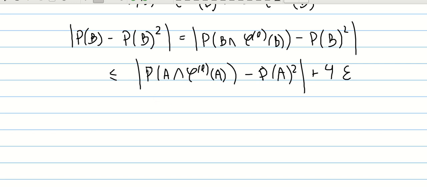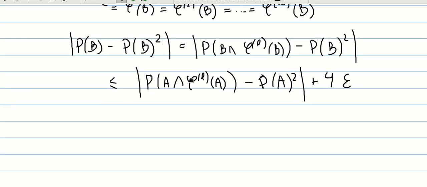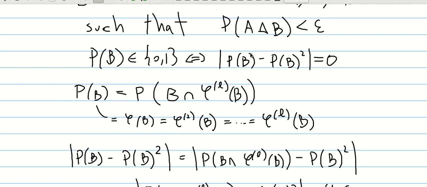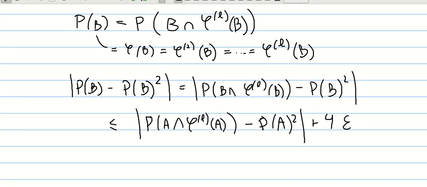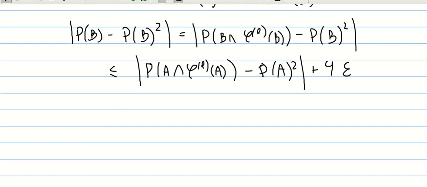But what's very interesting now is that B was an invariant event. So this equality was trivial. But this is far from trivial for A, because after we write this, we are not looking like something A intersected with A itself. Because after you shift, these become events that have very far away support.